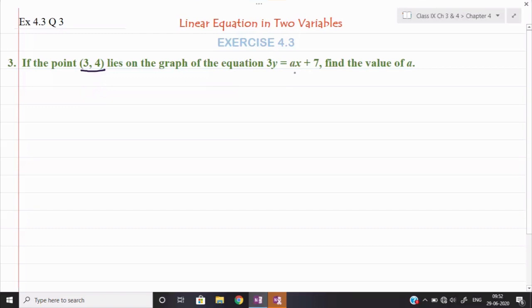First of all, we shall write down the solution.